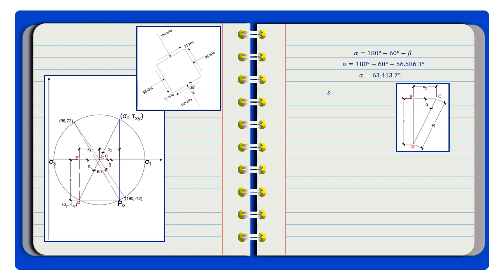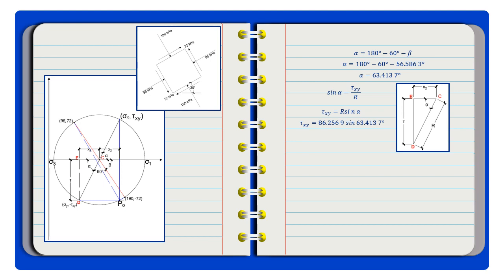So, using the sine function, we will have sine alpha is equal to tau xy over r. Since unknown si tau xy, arranging the equation, we will have tau xy is equal to r sine of alpha.